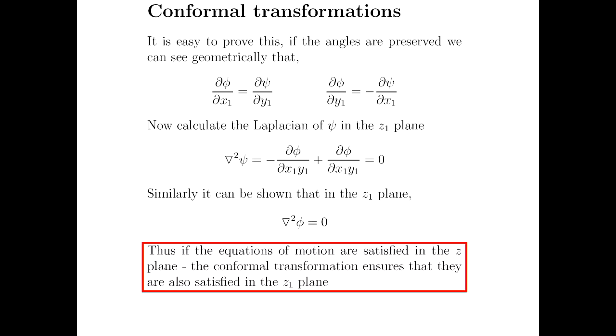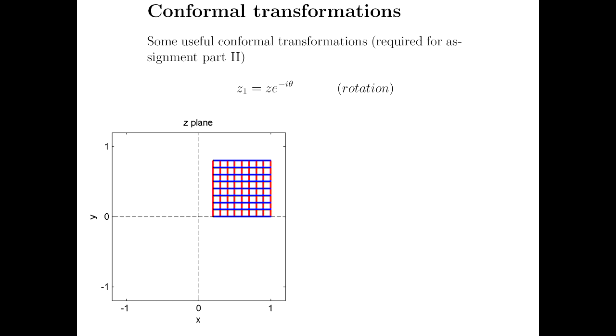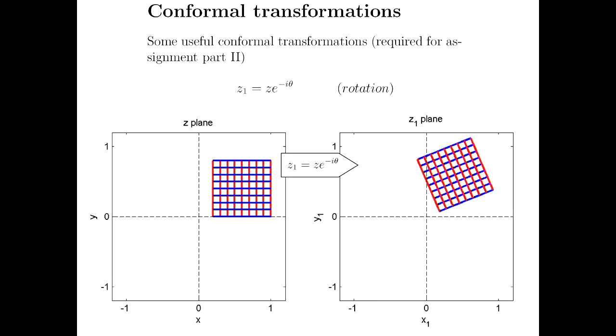Yep. So we're going to learn a few different conformal transformations, which is going to be important. The first one is rotation. In the transform plane, Z1 is just equal to Z times the exponent of negative i theta. Please take note of the negative here, and theta is just measured from the horizontal.